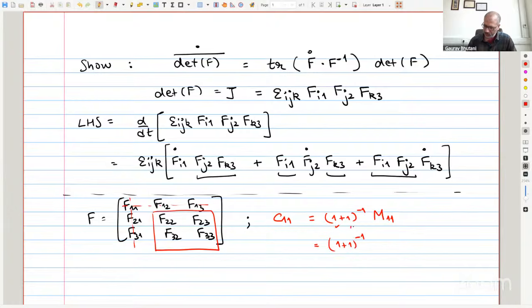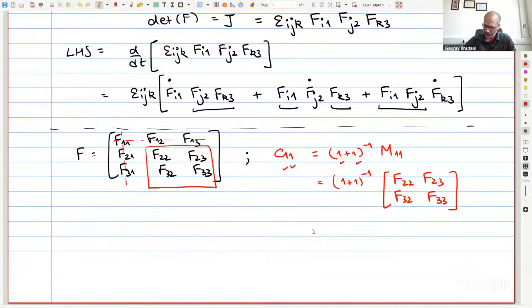So these ones and this 1 and 1 are the indices that we have in this C, and then the minor is simply this matrix F22, F23, F32, and F33. And this is typically what we use in calculating the determinant or in writing the inverse. So this is something we had discussed earlier in the course.